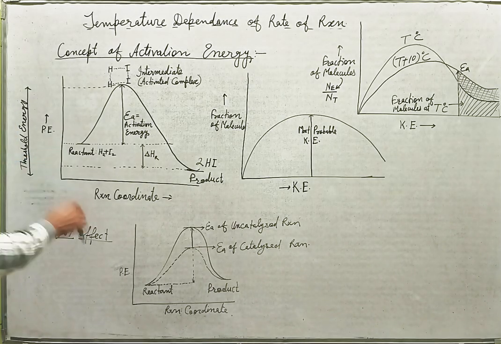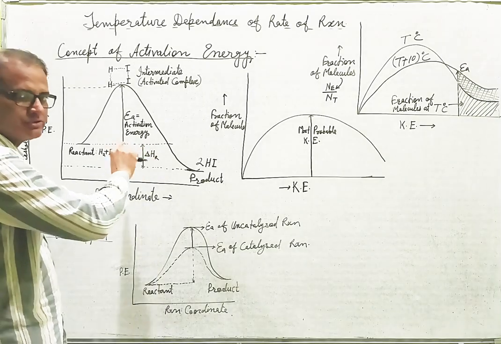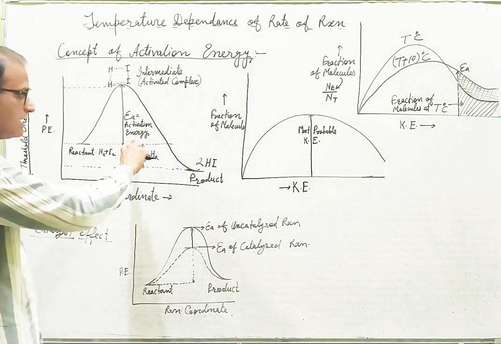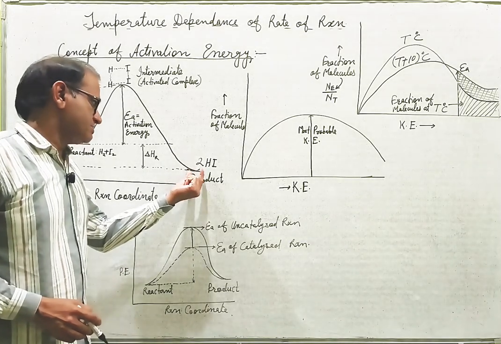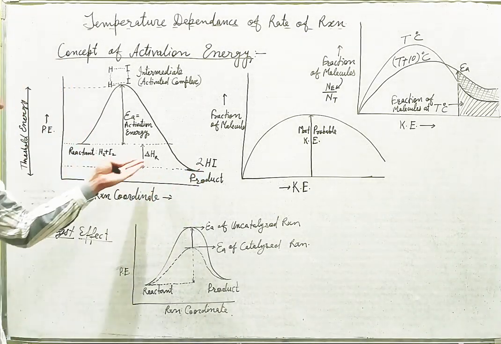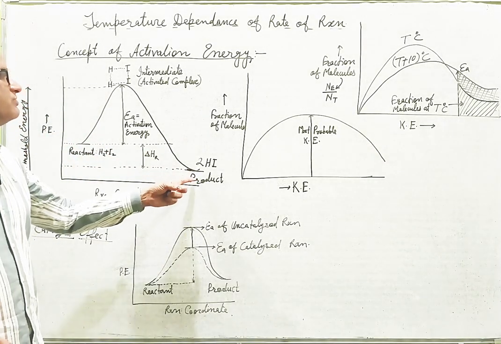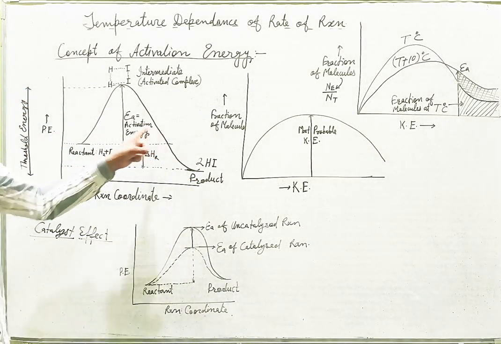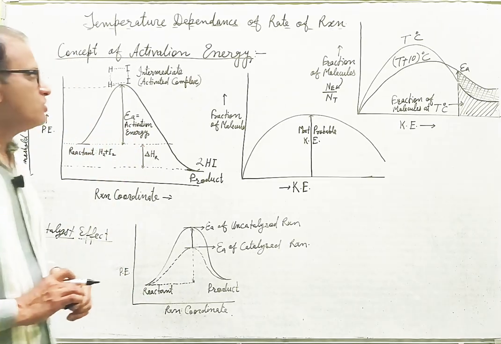The energy difference between product and reactant is called the enthalpy of reaction or heat of reaction. If the energy of the product is less than the reactant, it is an exothermic reaction, and if it is more, it is an endothermic reaction.